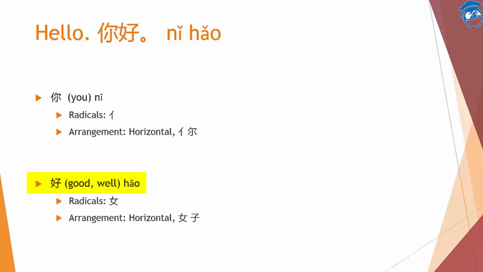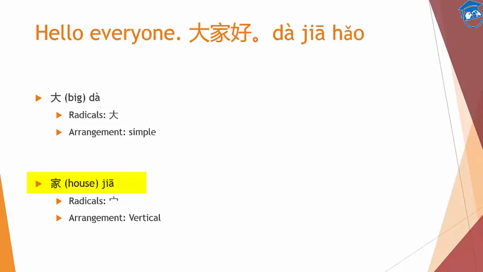Okay, the next slide is hello everyone. It is used whenever you are talking to a group of people, talking to an audience, or a group of people in front of you, maybe a table of friends or a group of colleagues who are standing in one group. So you can use this one.